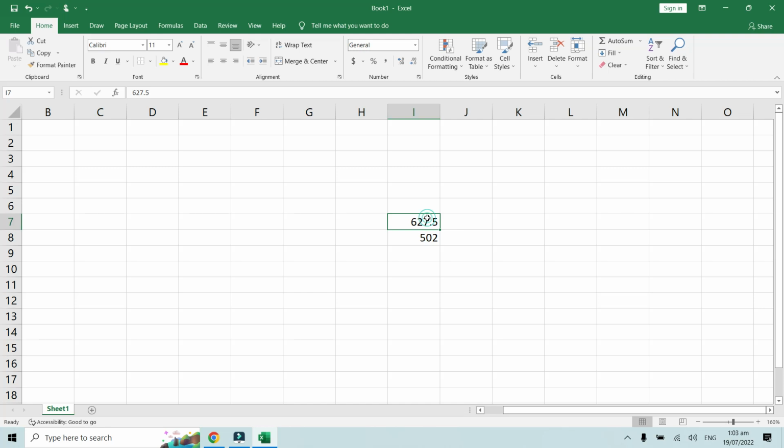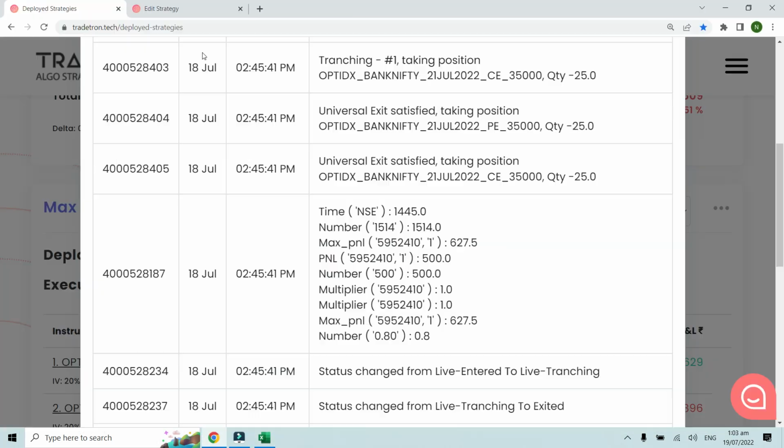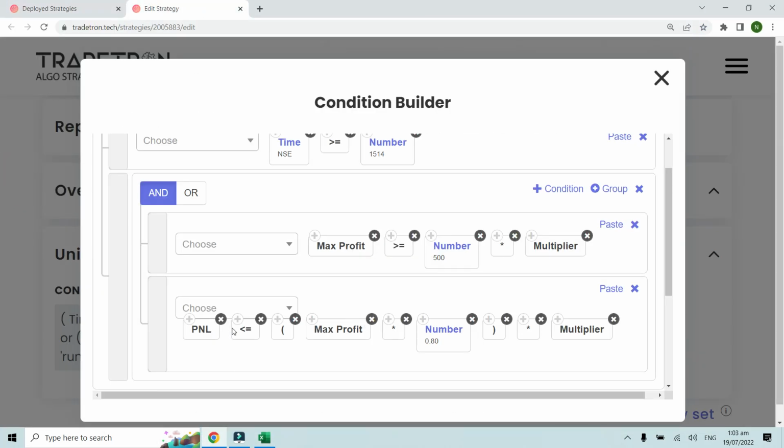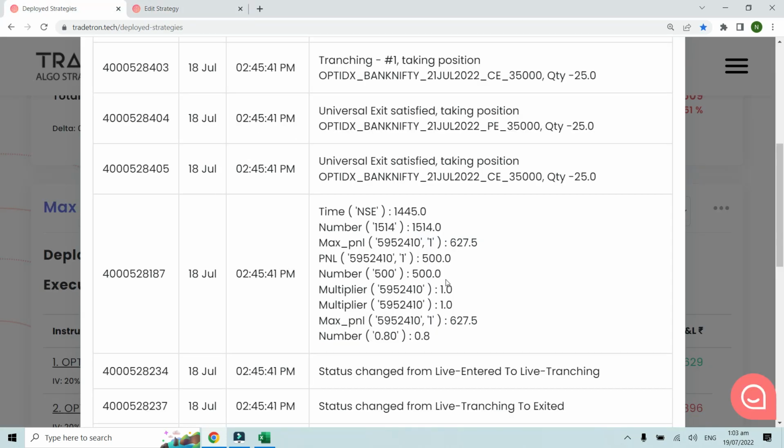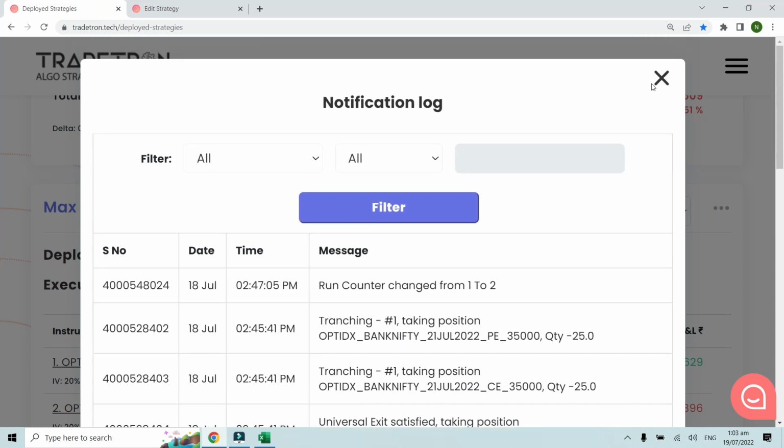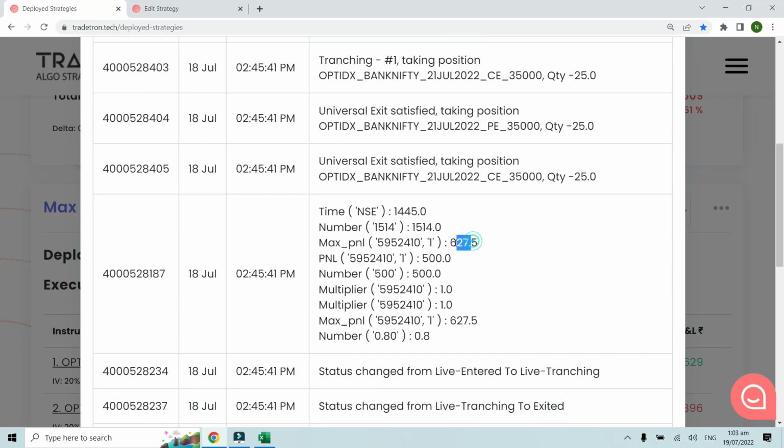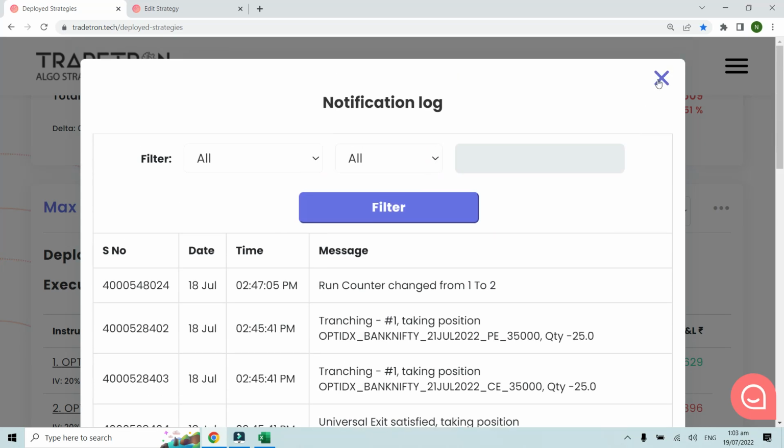So from the highest peak profit point, when it comes down by 20%, that should be 80% at least. That is the condition that we have over here, that PNL should be less than or equal to max profit into 80%, then it should exit. That is the reason why this strategy exited at 500 rupees profit from the highest peak profit of 627.5. So that is the fourth example.